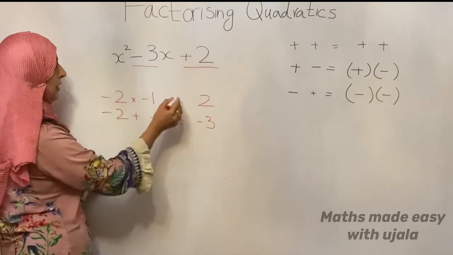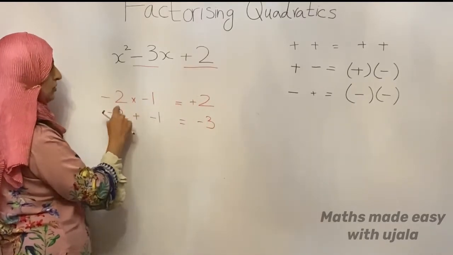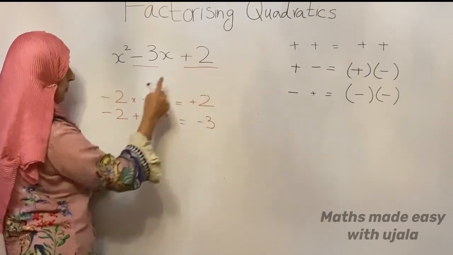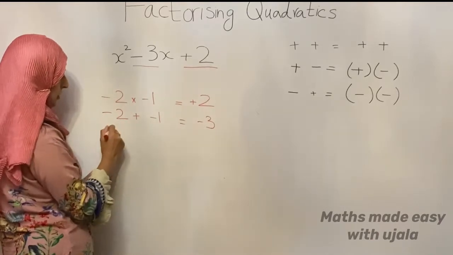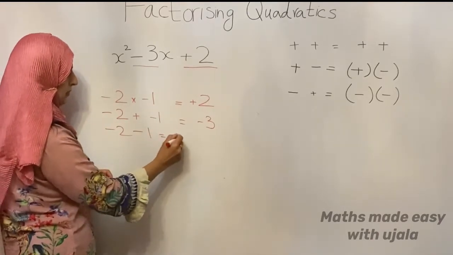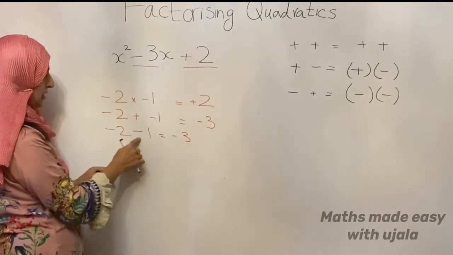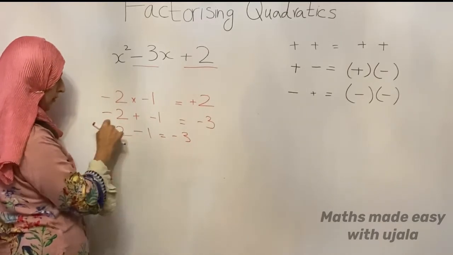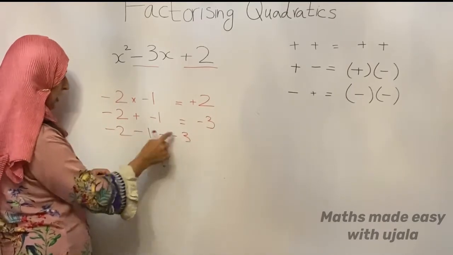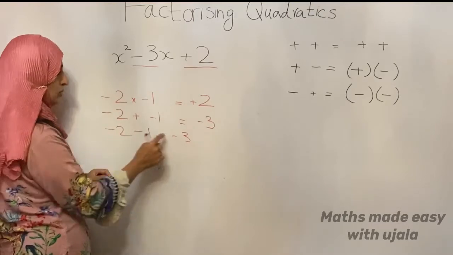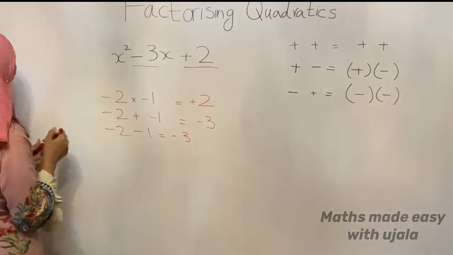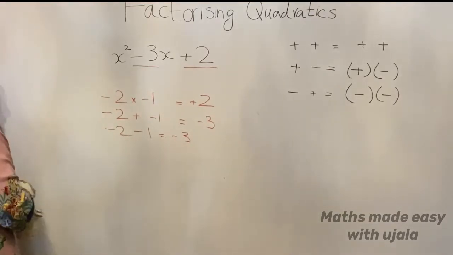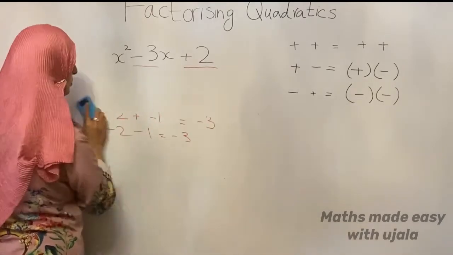When I am multiplying these two, the answer is plus 2. But if I am adding them, minus 2 plus minus 1 is equal to minus 3. Minus minus plus, but the sign of the bigger number: 2 plus 1 is 3, and the minus is with the 2, so minus 3 is the answer.